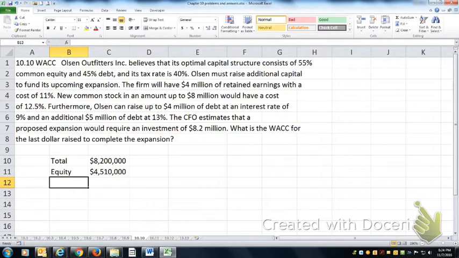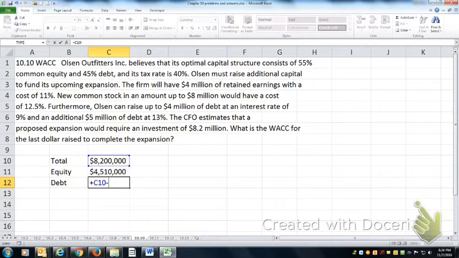They'll also need to issue $510,000 of common stock to get the grand total. And their total debt would be the rest of it, $3,690,000, which would be 45% of the total $8.2 million they need.